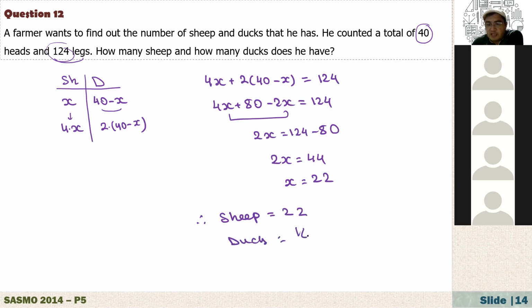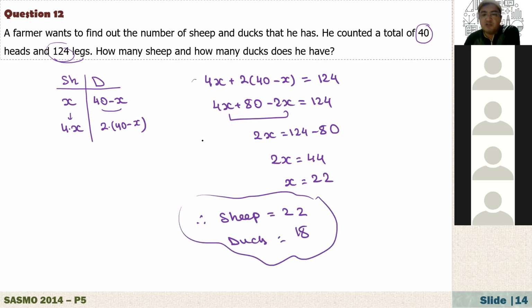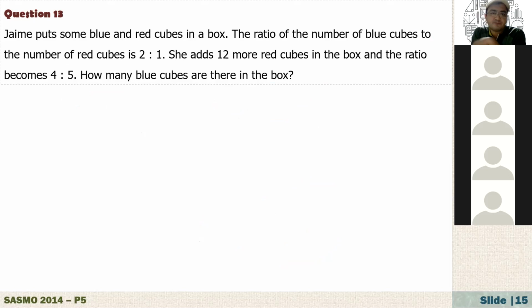Together it's 40, so it is 18. Very good. Okay, guys, if you solve with this method, it's really good. Any kind of similar question, we can solve very fast. Okay, Turan, can you read the question?